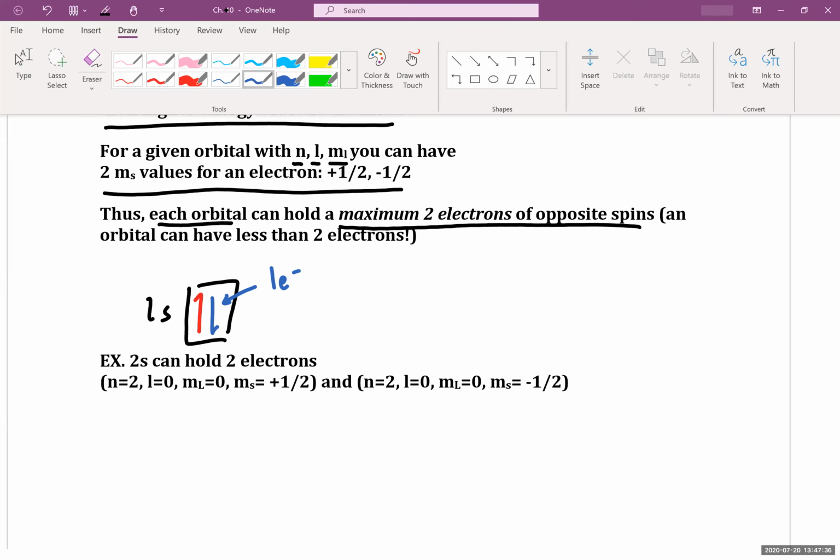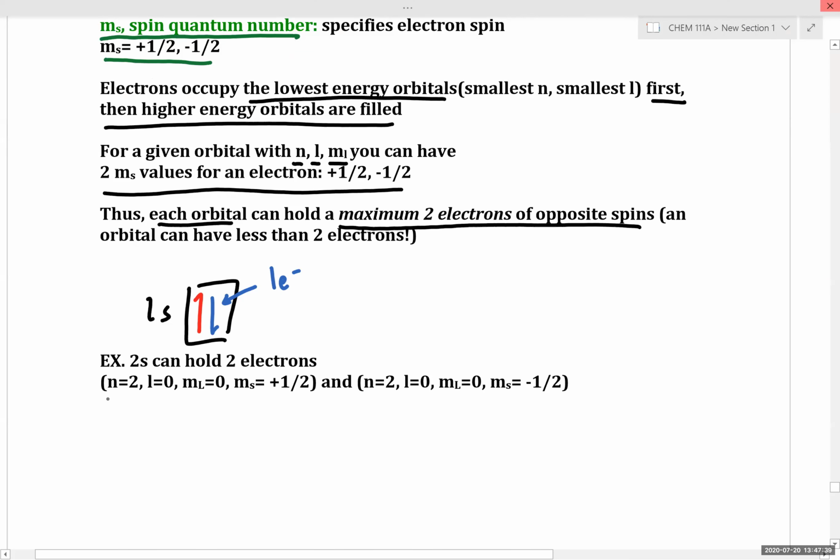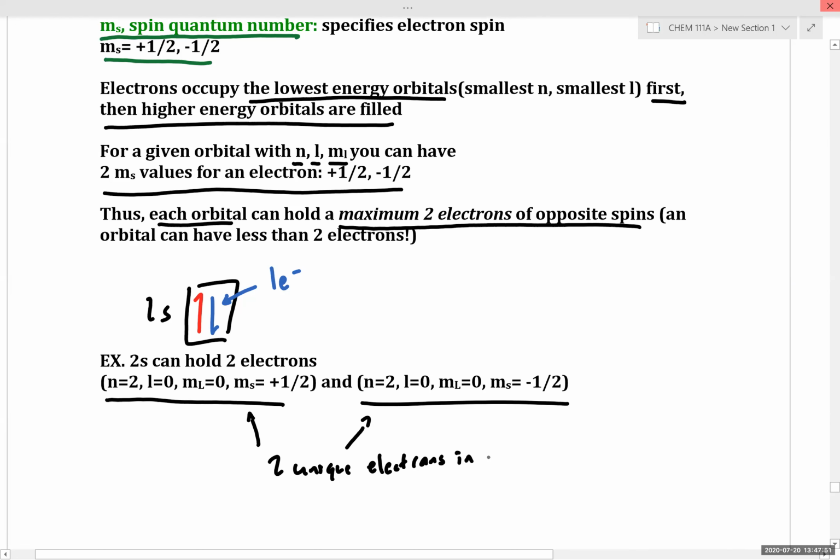The reason is that we can have a total of 2 unique sets of quantum numbers which describe 2 unique electrons in our 2s orbital. Does that make sense to everyone? So key takeaway, each orbital can hold 2 electrons, 1 upspin, 1 downspin. Does that make sense to everyone so far?